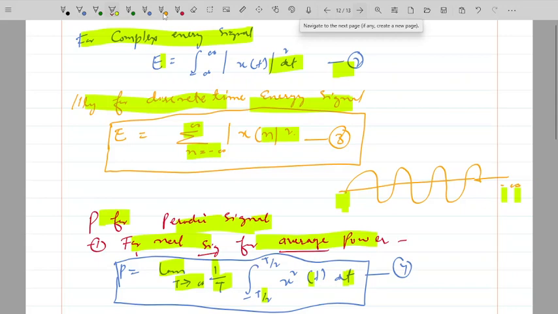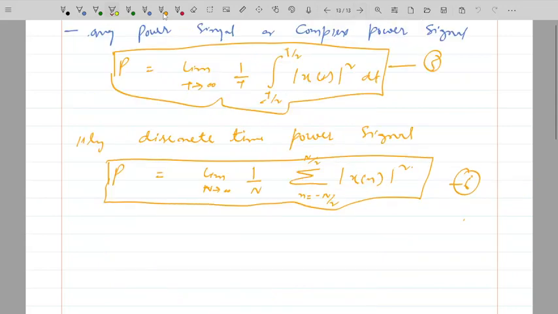So this is the real signal, and the second one is the power for a complex signal. The complex power signal has power P as the limit T approaches infinity of 1 by T times the integral from minus T by 2 to T by 2 of the magnitude of x of t, whole squared, dt. So this fifth equation represents the complex power signal, and the last one is the discrete time power signal, where t changes to n.